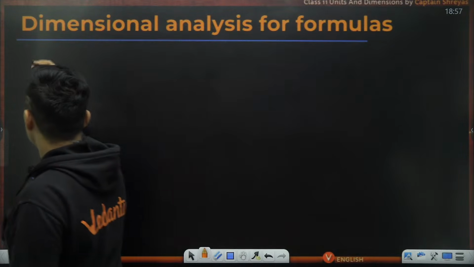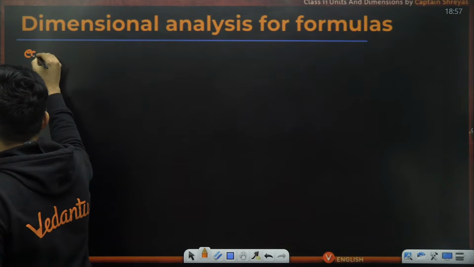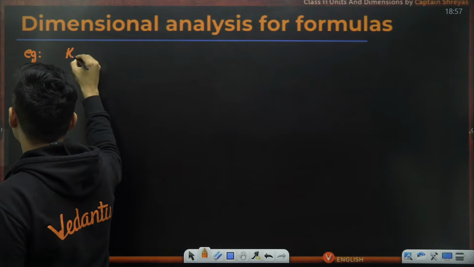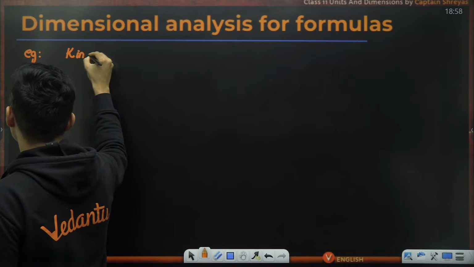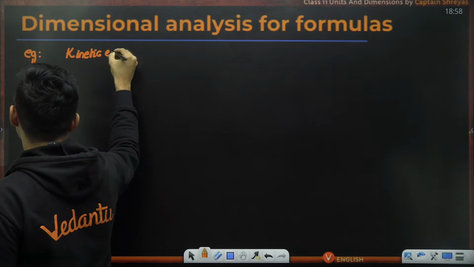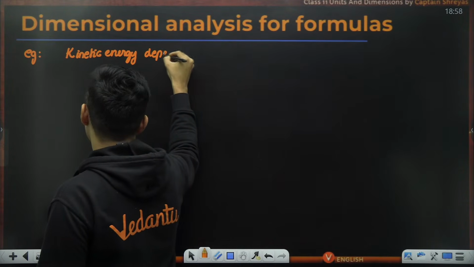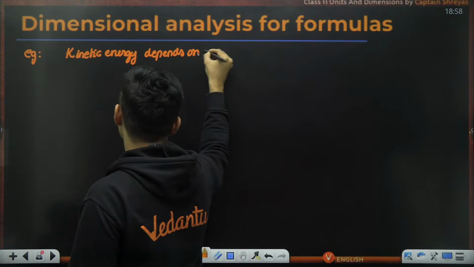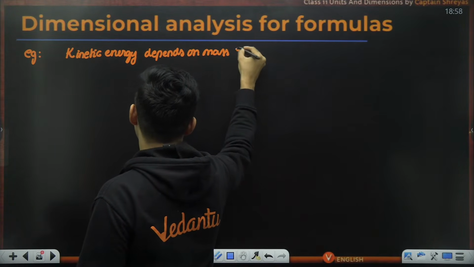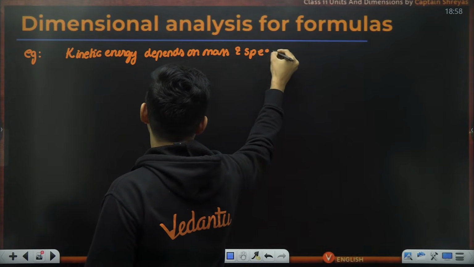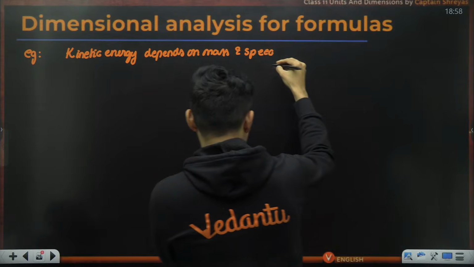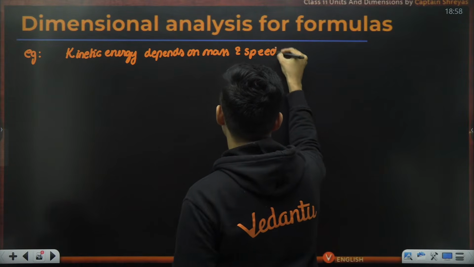Okay. So I tell you, hey, listen, I do not know the formula for kinetic energy, but I can tell you one thing. Kinetic energy depends on the mass and the speed.